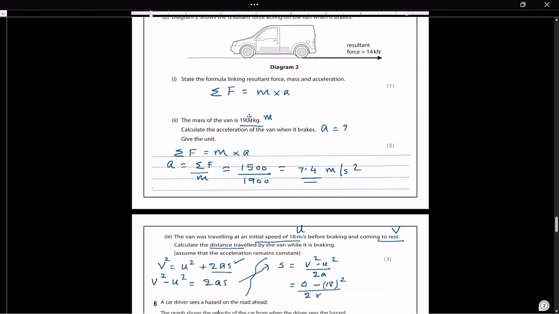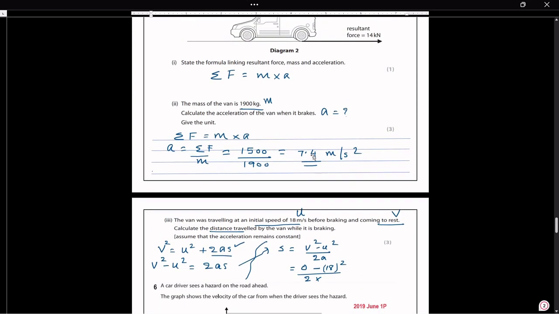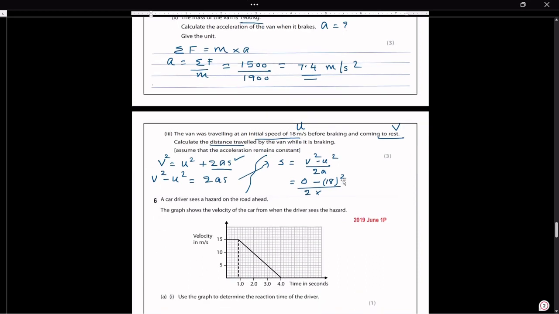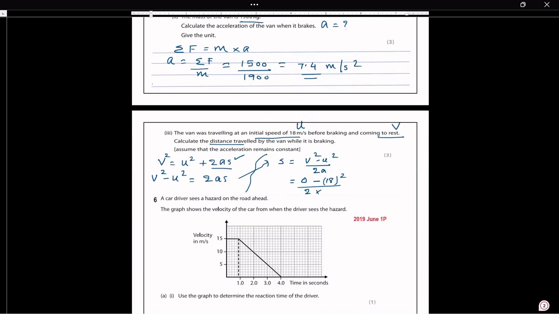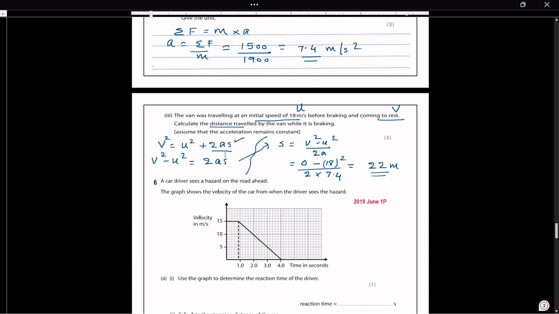The acceleration we calculated is 7.4. So it is 2 times 7.4, and on calculation it gives an answer of 22 meters. Please make use of your calculator to get the answer. So I'm using the SUVAT equation, and S is unknown. Separating 2AS and taking S as the subject, we get V square minus U square, but we know that V is 0, coming to rest, so V equals 0.